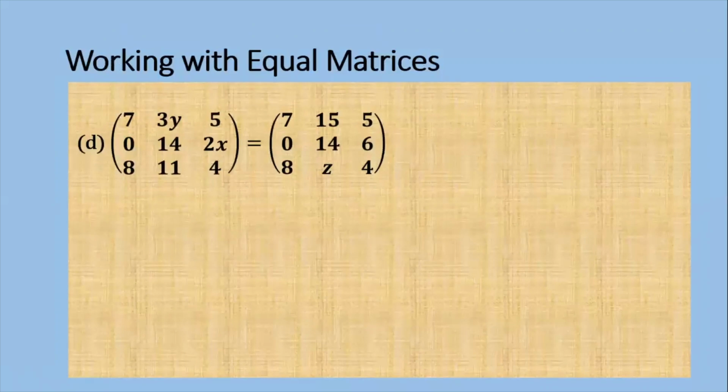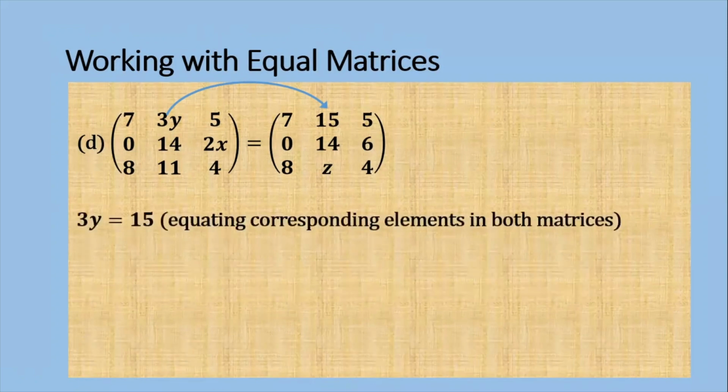This one is a bit more difficult, right? So let's do it together. What do we have? 3y equal to 15. That's right. And then, so if 3y equal to 15, what are we doing? We are equating corresponding elements in both matrices. So if 3y equal to 15, y will be equal to 15 divided by 3, that is 5.